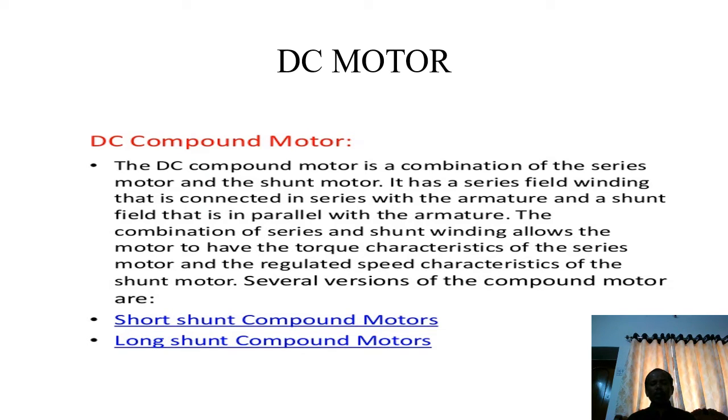The combination of series and shunt winding allows the motor to have the torque characteristics of the series motor and the regulated speed characteristics of the shunt motor. So these are short shunt compound motor and long shunt compound motor. These characteristics we now have discussed.